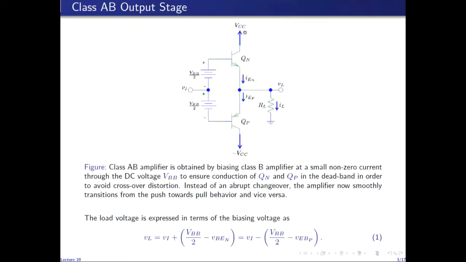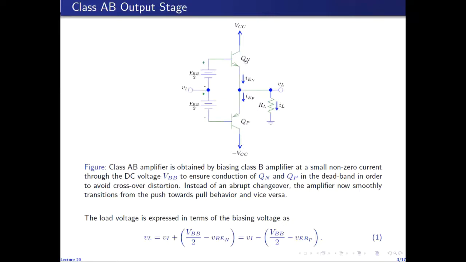So the power drawn from VCC will be VCC times IQ by Qn. And the power drawn from minus VCC will be equal to minus VCC times minus IQ, because IQ is pushed into the source, and minus IQ is drawn by QP. So minus IQ times minus VCC again gives us VCC times IQ.